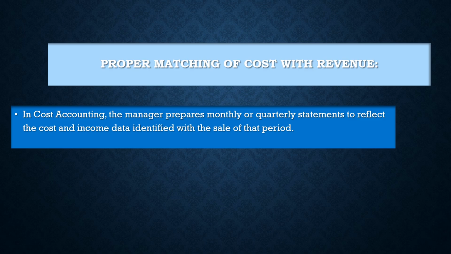They reflect the cost incurred for manufacturing the products and income data identified with sales. So the statements contain the cost incurred for manufacturing and sales data. With the help of sales data, we are able to know the income generated with the products.